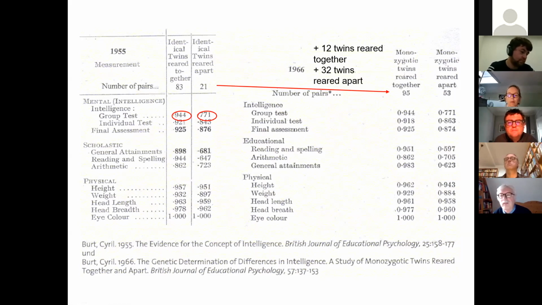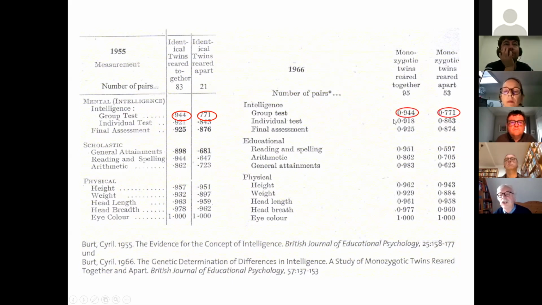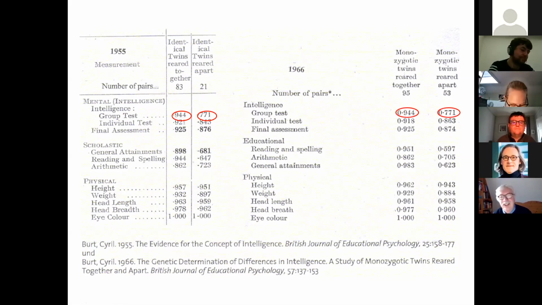And what happens there? Compare 1955 and 1966. And what did we get? The same correlation up to the third digit. But nobody became aware of this, and years and years passed.